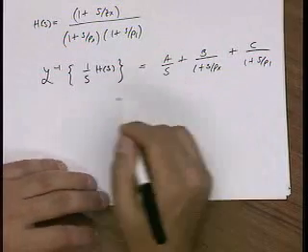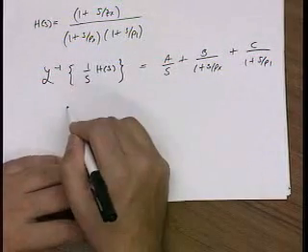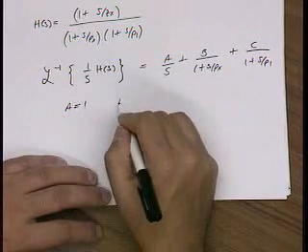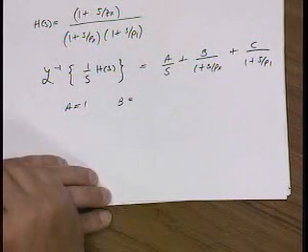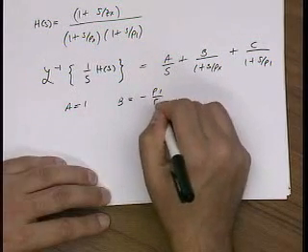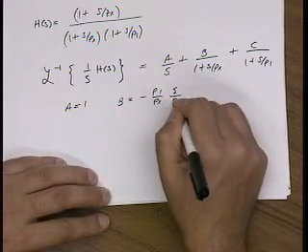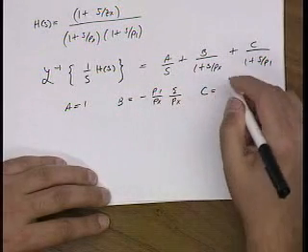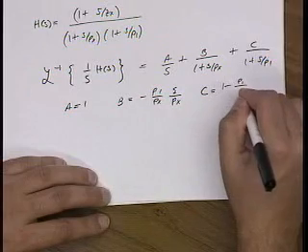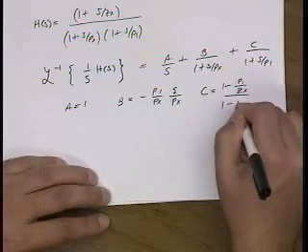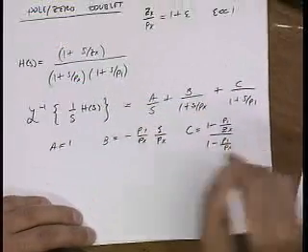If you solve this, do the algebra, a is equal to 1, b works out to, maybe somebody should check my math on this one. If you can calculate very quickly. Okay.